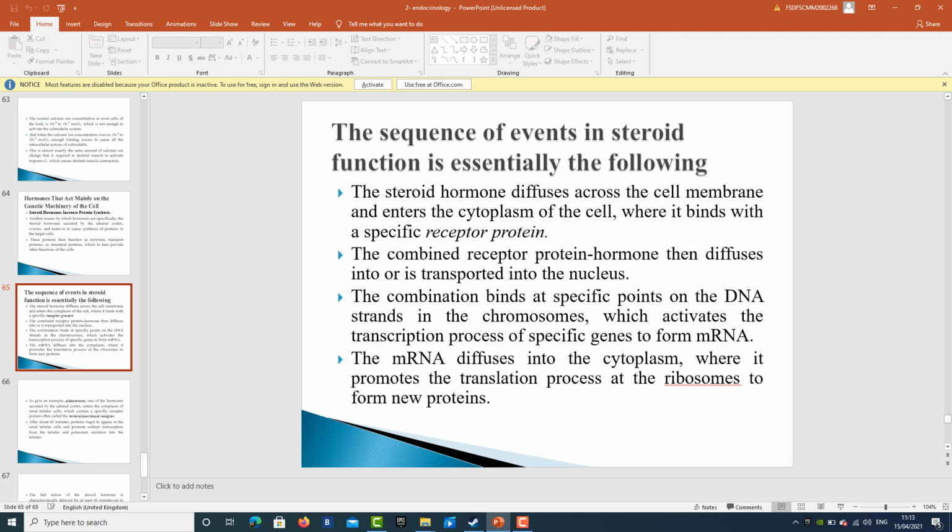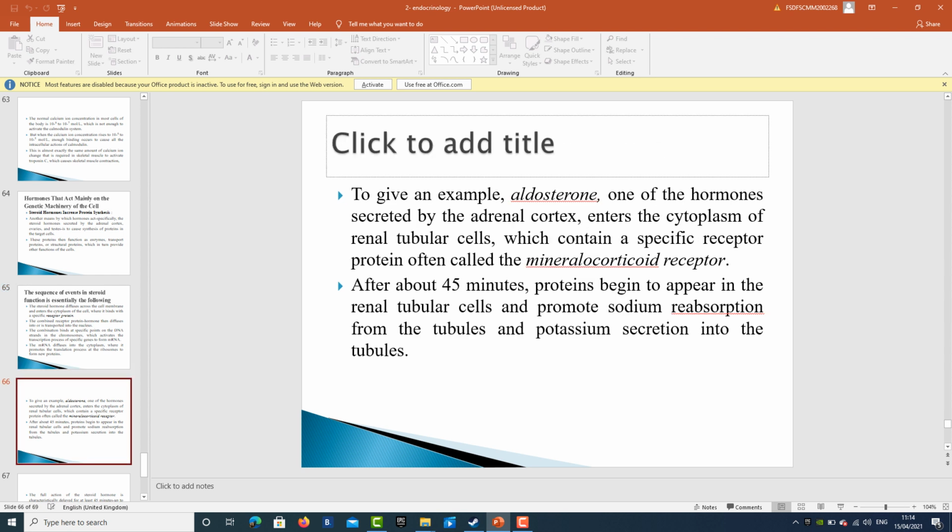Then this receptor protein complex diffuses into the nucleus, and inside the nucleus, it binds to specific points on the DNA strands, leading to activation of messenger RNA specific genes, which diffuse into the cytoplasm to promote the different steps of synthesis of proteins. That is, the new protein formation occurs.